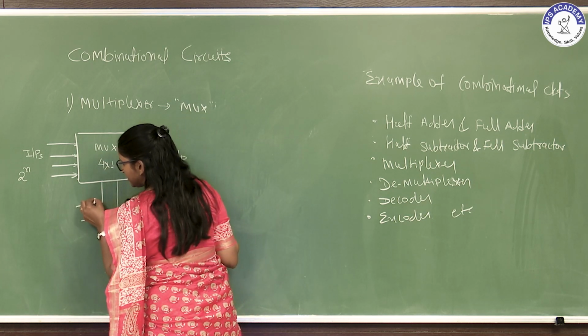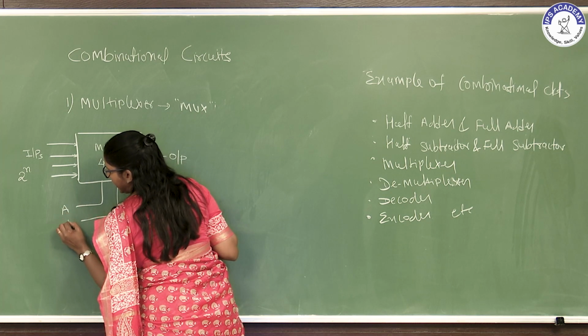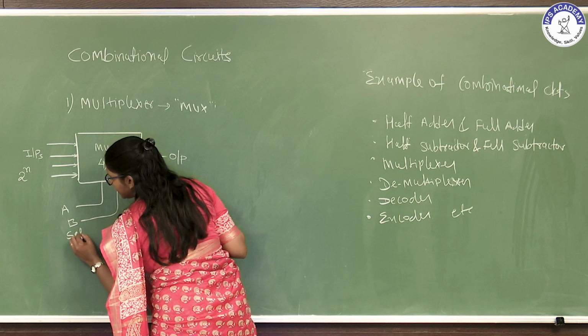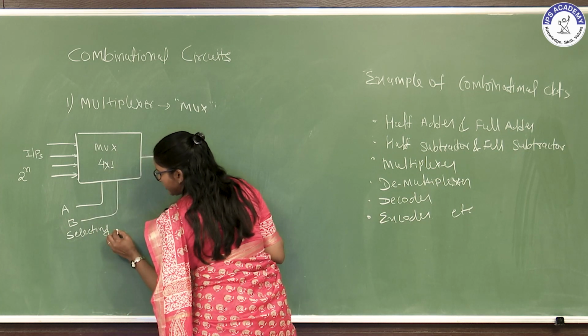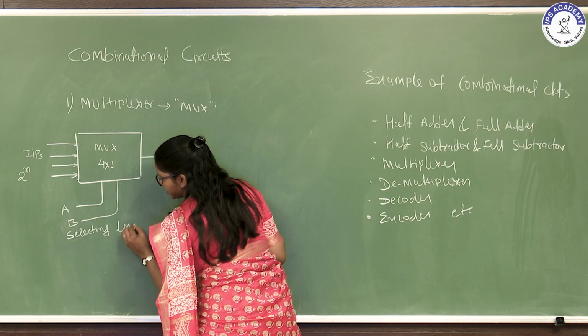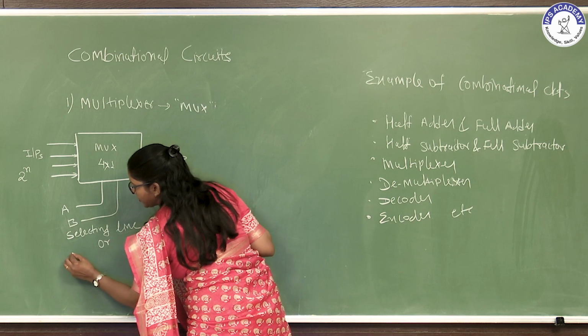So these two, A and B, are the selecting variables. Selecting lines or control lines.